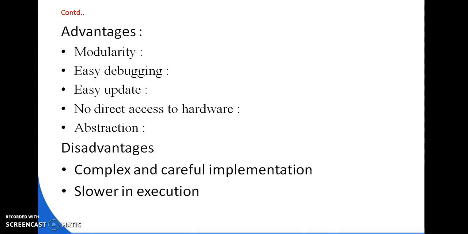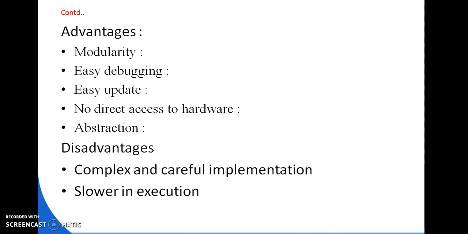Slower in execution. If a layer wants to interact with another layer, it sends a request that has to travel through all the layers present in between the two interacting layers. Suppose this layer n tries to interact with layer 0.